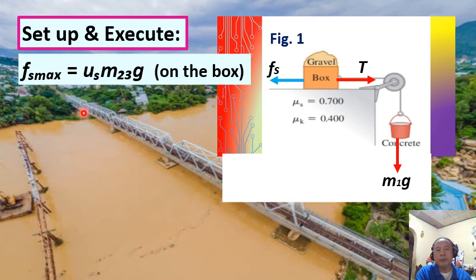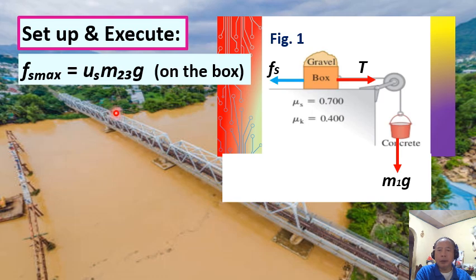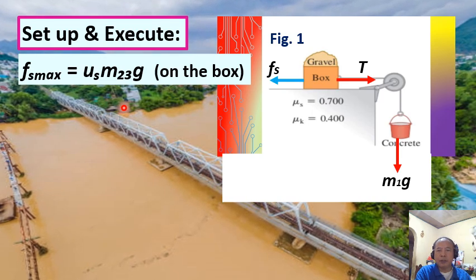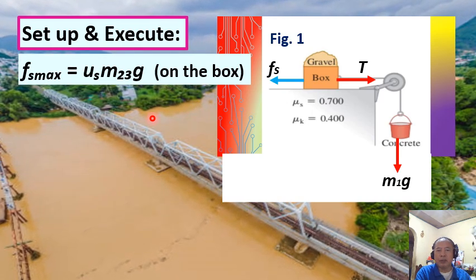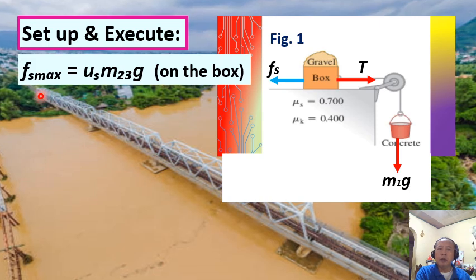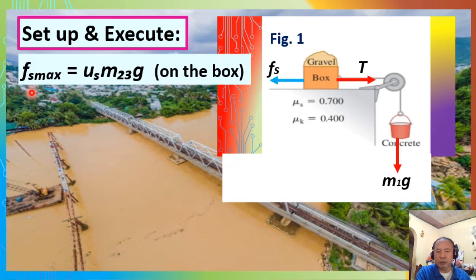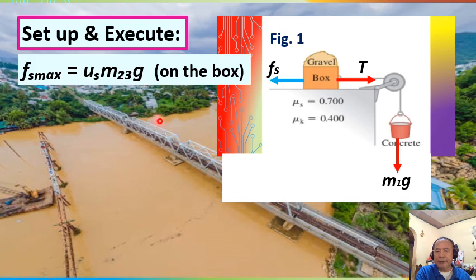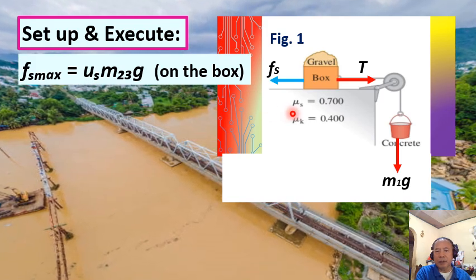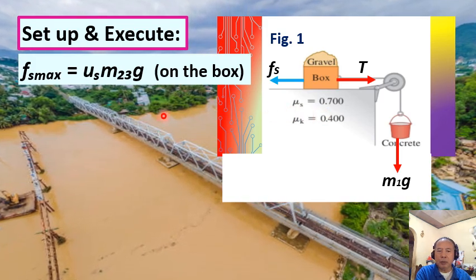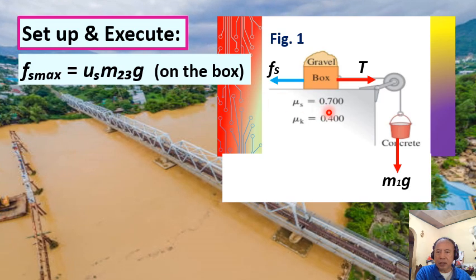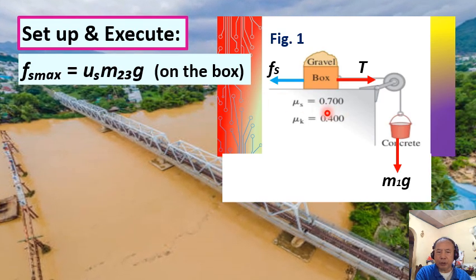Before we determine the actual force of static friction exerted on the box, we need to first find out what is the maximum static friction, given that the coefficient of static friction, mu sub s, is equal to 0.700.